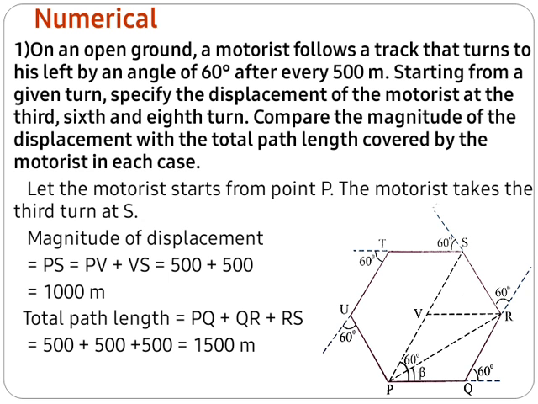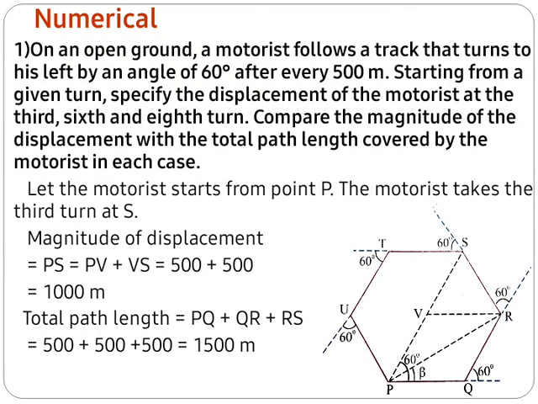Similarly, when you have formed the parallelogram UVST, then the magnitude of VS will be equal to UT. So, VS is equal to 500 meter.